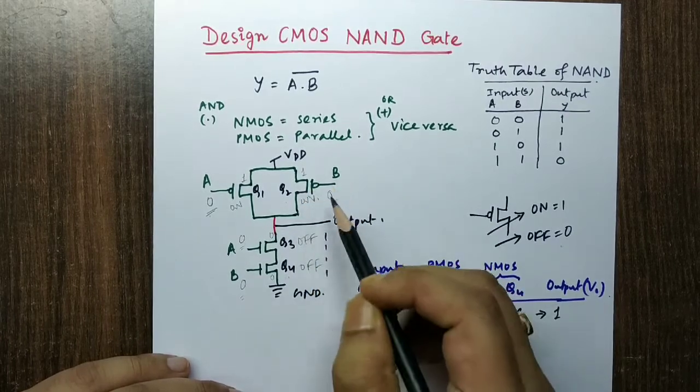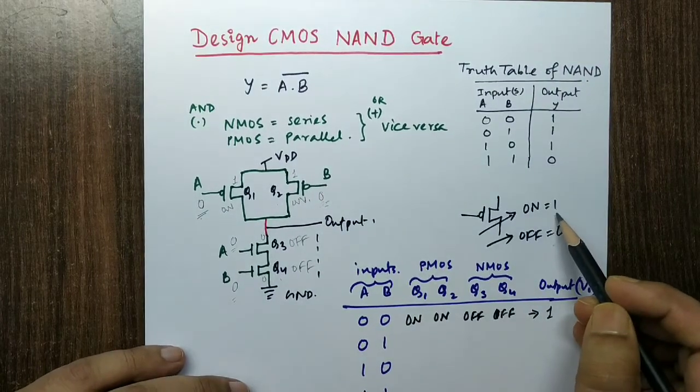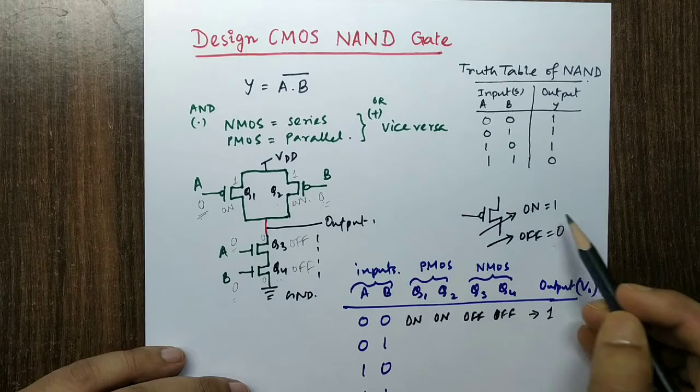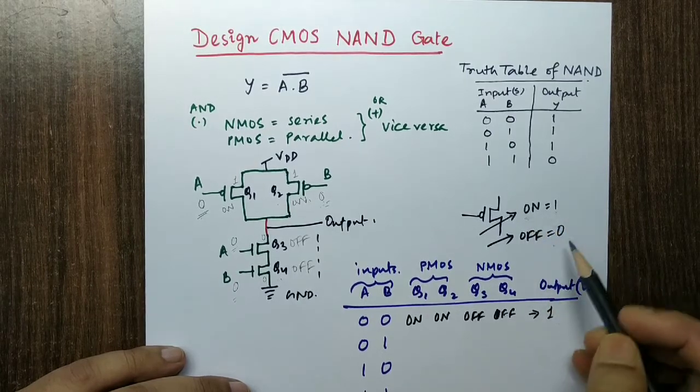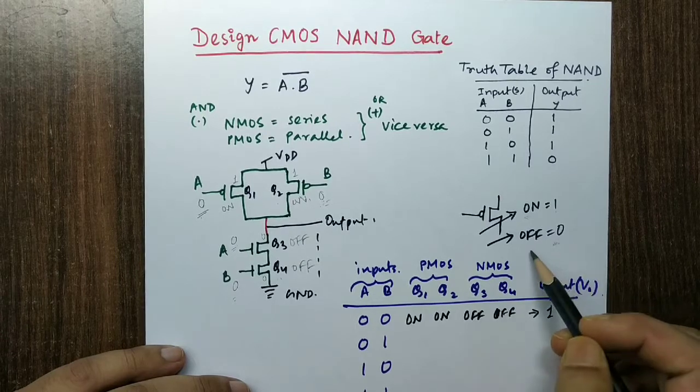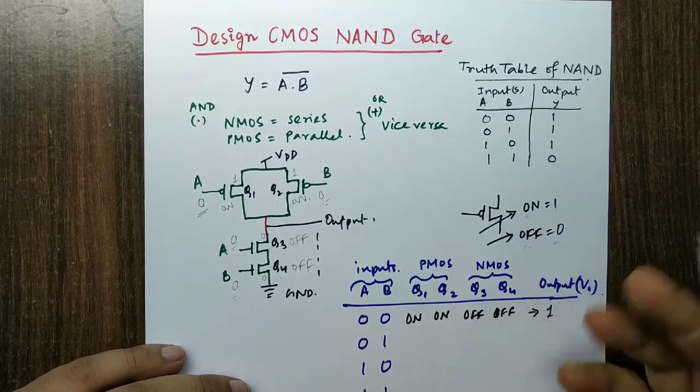Now, I have told you earlier that if the transistor surpasses value 1, the transistor has to be assumed as on. If the transistor surpasses logic 0, the transistor is in off state. So these are the two states of a digital transistor.